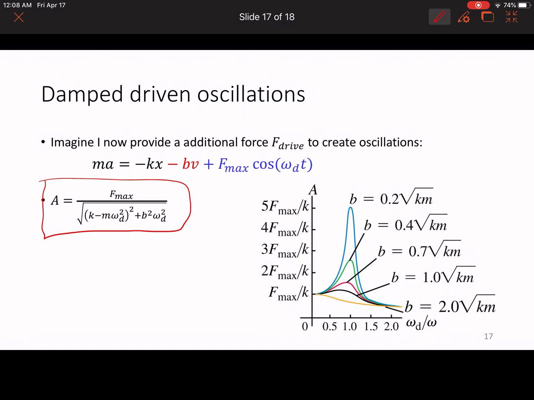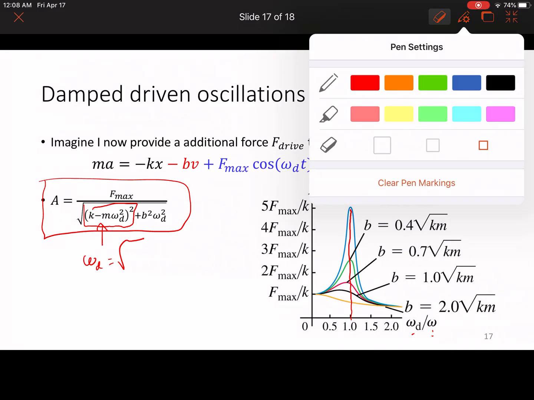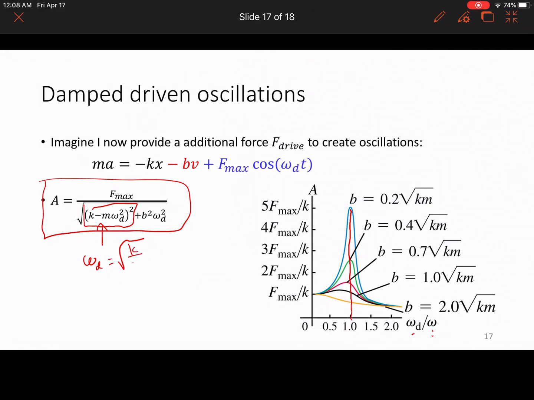And there's a really cool thing that happens at weak damping when I'm near the resonance condition. In other words, when omega drive is equal to omega, I get a very, very strong amplitude. You can notice that this term right here in the denominator goes to 0 on resonance, if omega drive is equal to the square root of k over m.